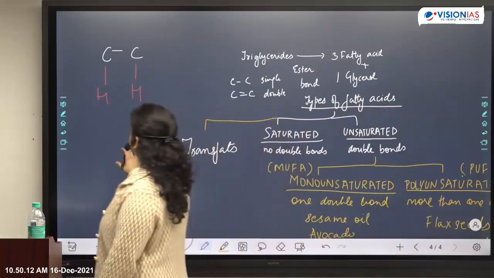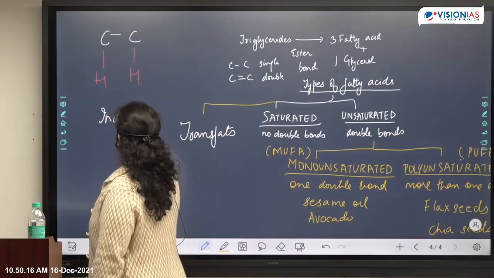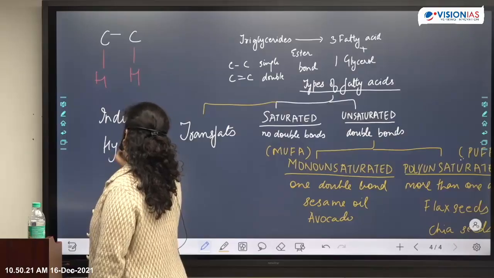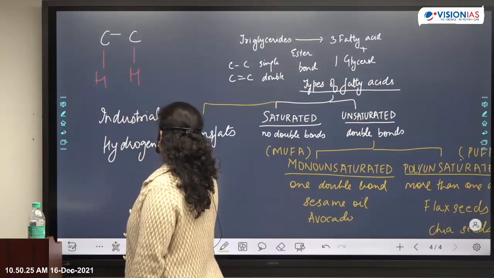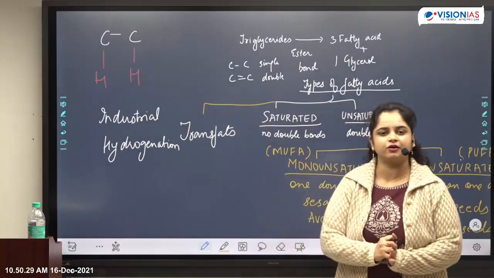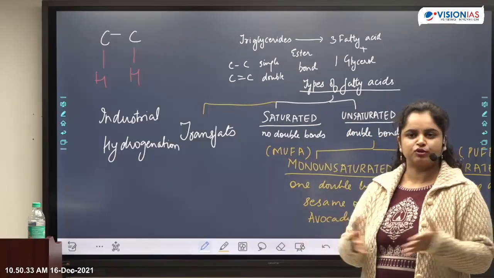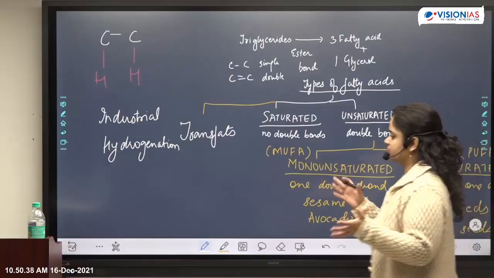We are doing this in the industry, so we will call this industrial hydrogenation. Now we have taken vegetable oil. Suppose we have taken 100 units of that, whatever the quantity.